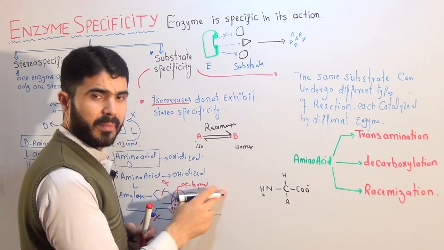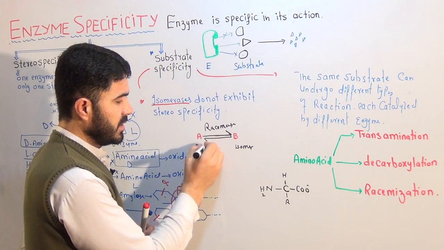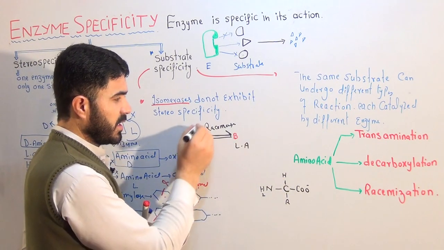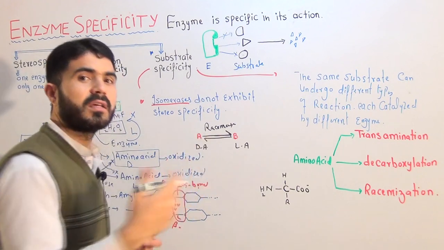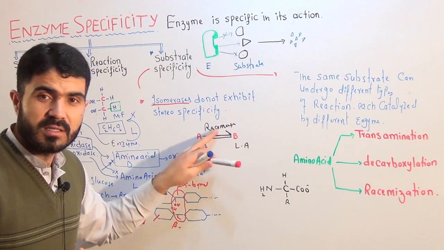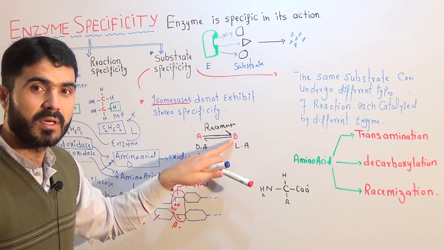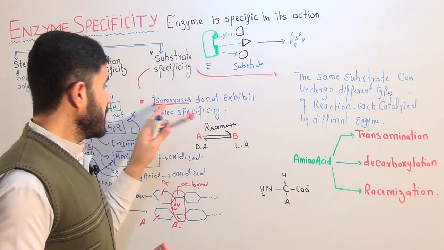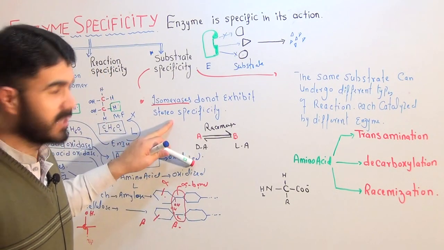It acts on the D amino acid as well as the L amino acid, so it can convert D into L and L into D. There are many other examples of racemases. Racemases are those enzymes which convert one isomer into another isomer. So these enzymes are not showing stereospecificity. That was the point being cleared.